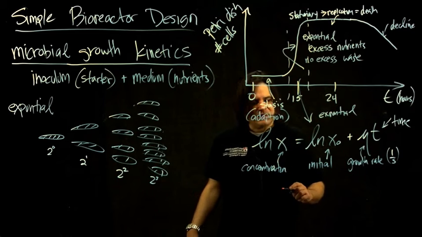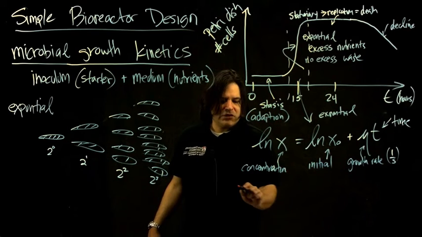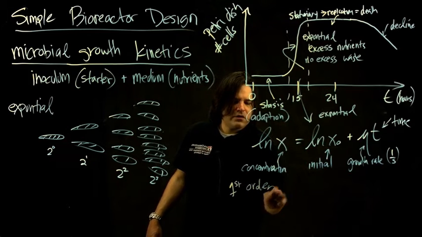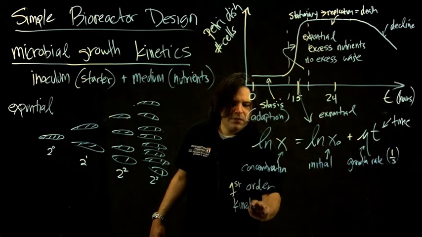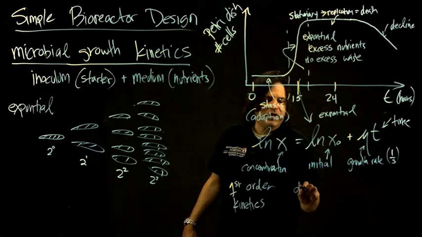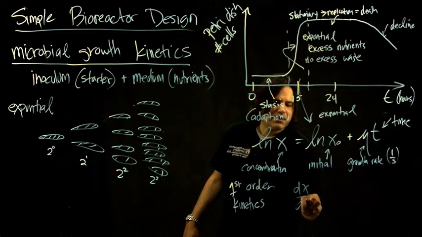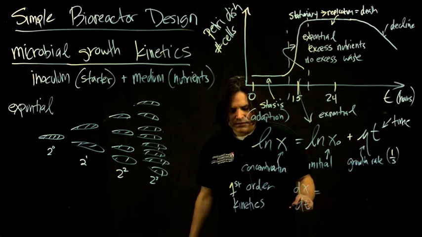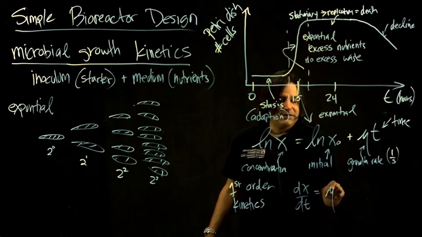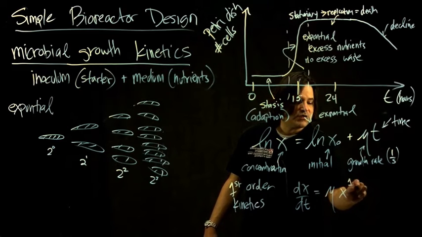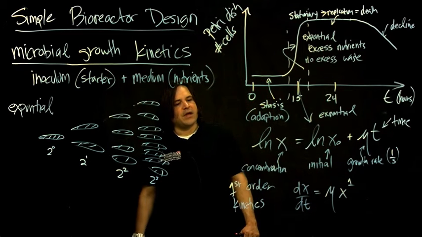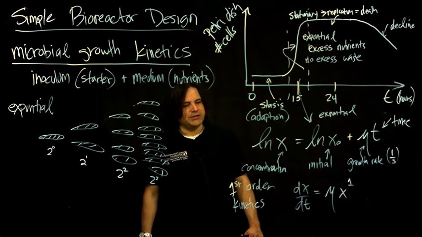And one other characteristic of the math is that if you were to integrate this equation, you would get this so-called first order kinetics relationship, where the change, the rate of change of this concentration with time is related to the rate times the concentration to the first order, to the exponent of 1. That's how that math works in terms of the time rate of change.